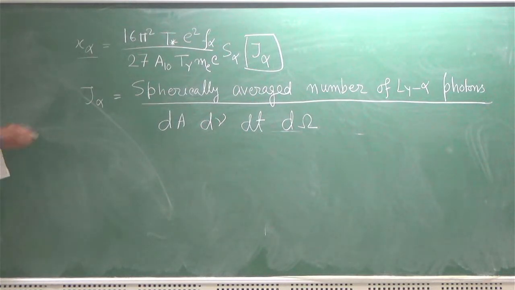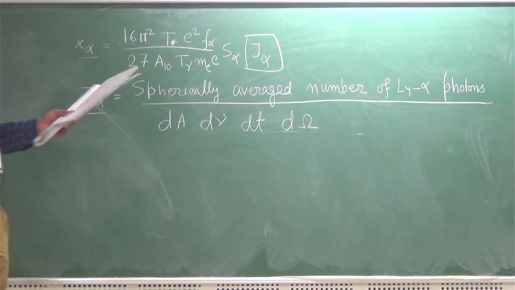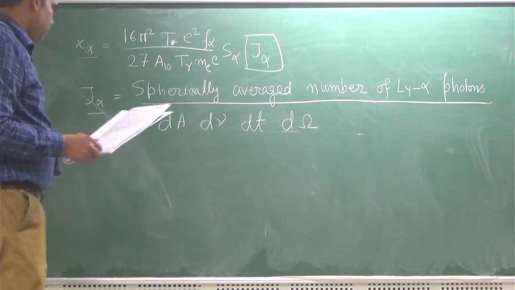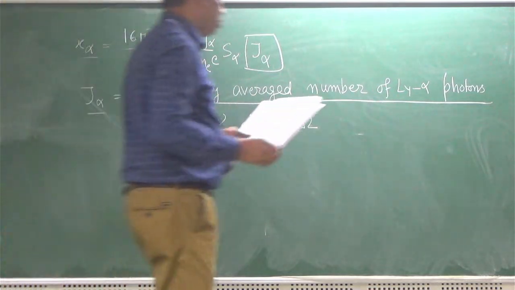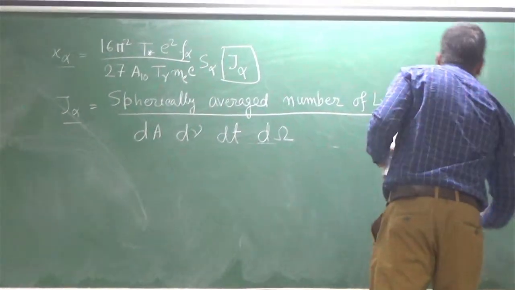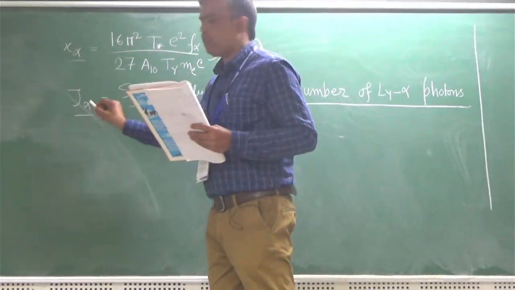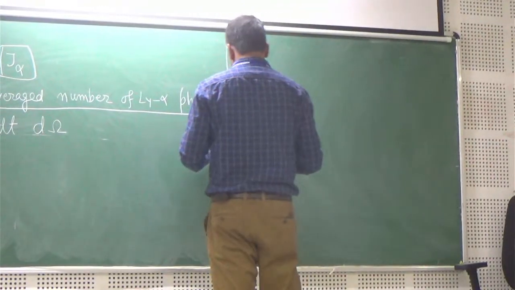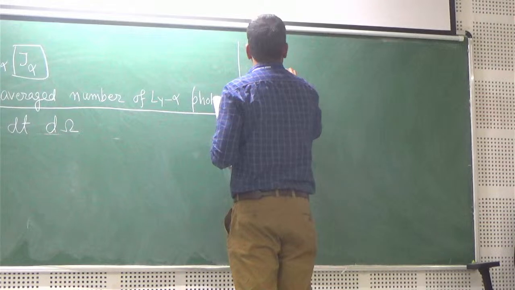Okay, so this is how it is written. Now, in order to calculate this, you have to connect this number to the source properties, how sources are emitting. The particular quantity that we need to connect these numbers is called source emissivity, comoving photon emissivity, epsilon.